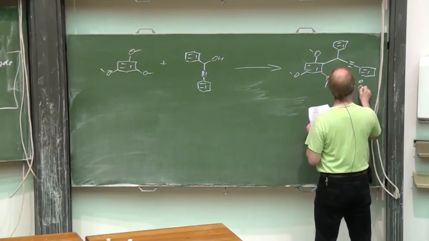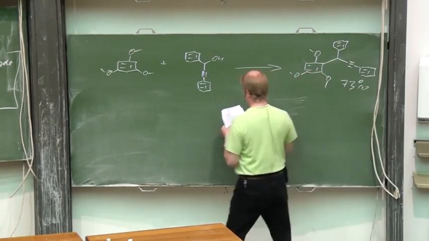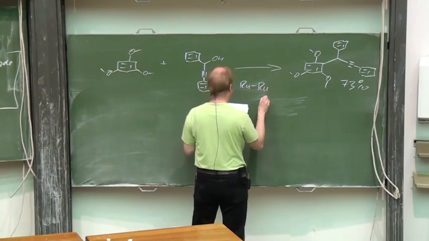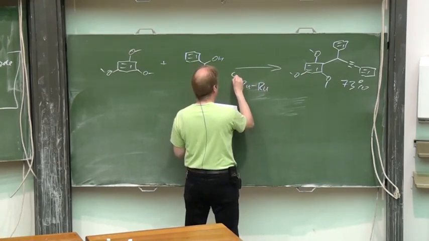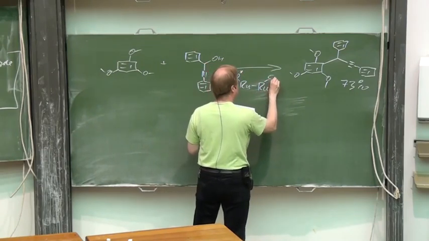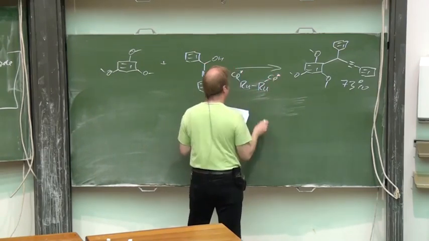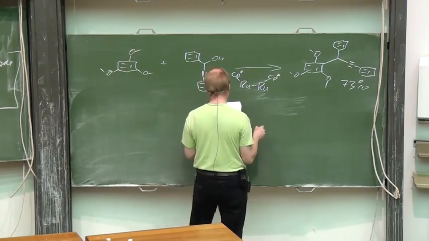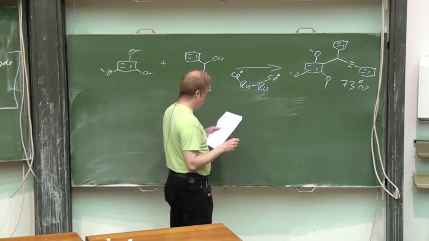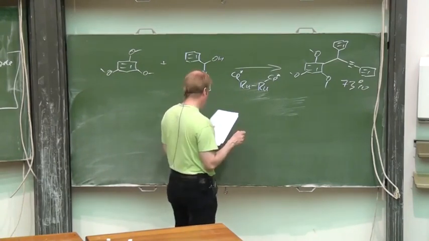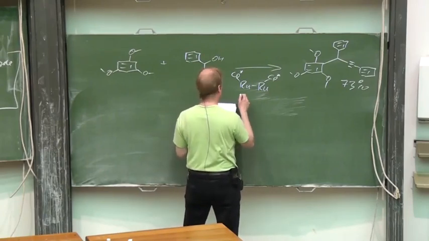So 73% yield with the most impressive ruthenium catalyst with a ruthenium bond and those Cp star. This is pentamethylcyclopentadienyl as ligand.